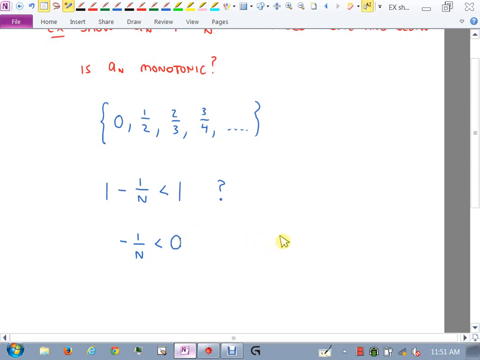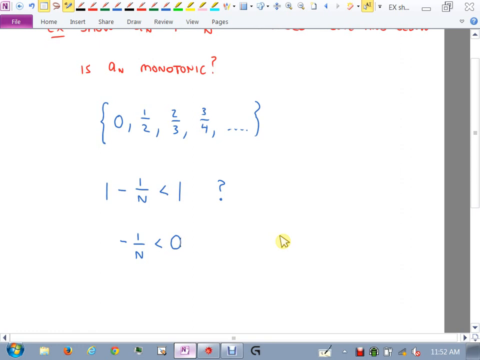Do you agree with this? Are you ready to draw a conclusion that yes, this is true? Okay, convince me. Why is this always true? This is always a negative number? What if n is a negative number?